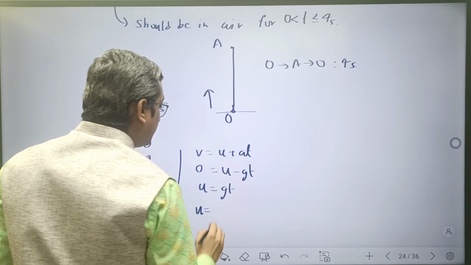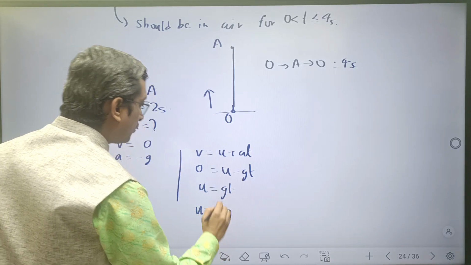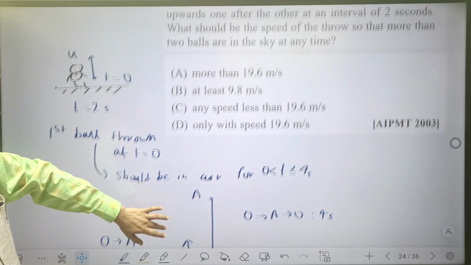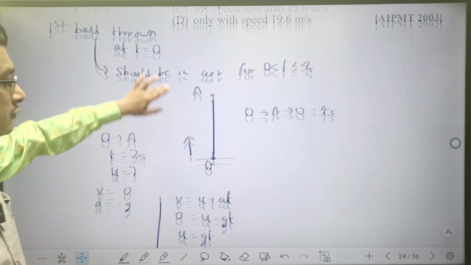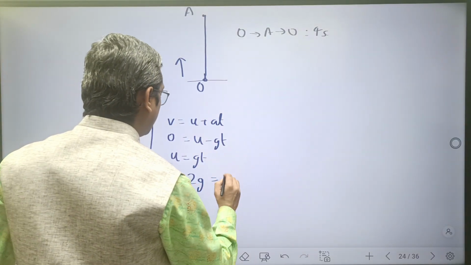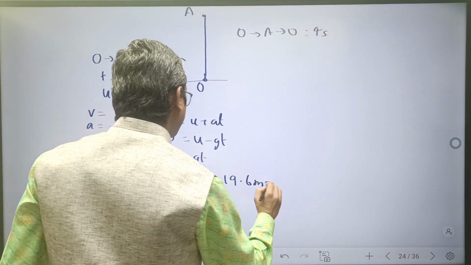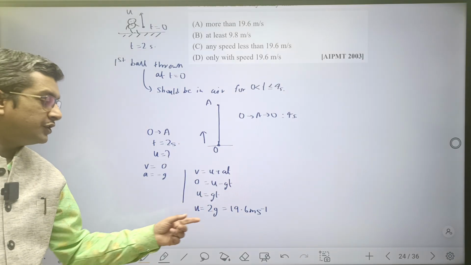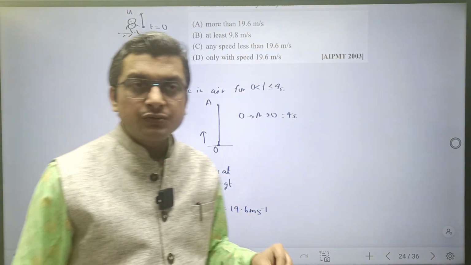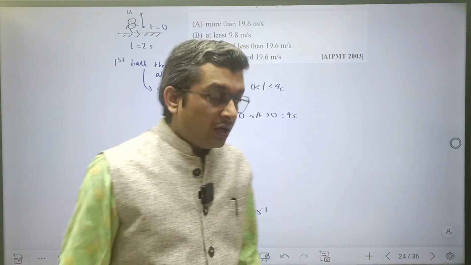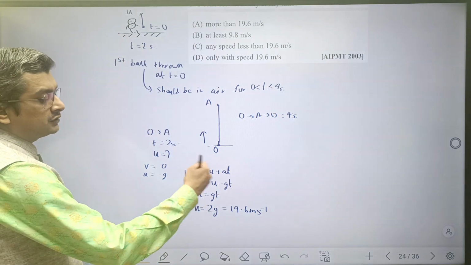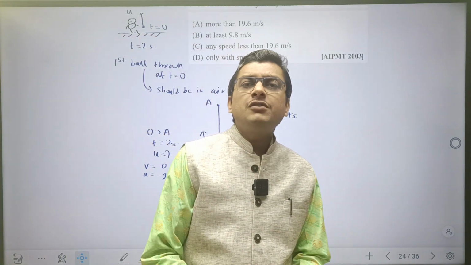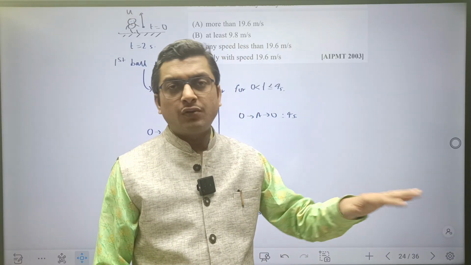Here u is equal to 2 times g, because t is equal to 2 seconds for this journey O to A. g is not given, so take g as 9.8, so this will be 19.6 meters per second. So it is the minimum required velocity with which the ball must be thrown so that 2 balls are in the air. If you throw the ball with a speed more than this value, then there will be more than 2 balls in the air for some time.